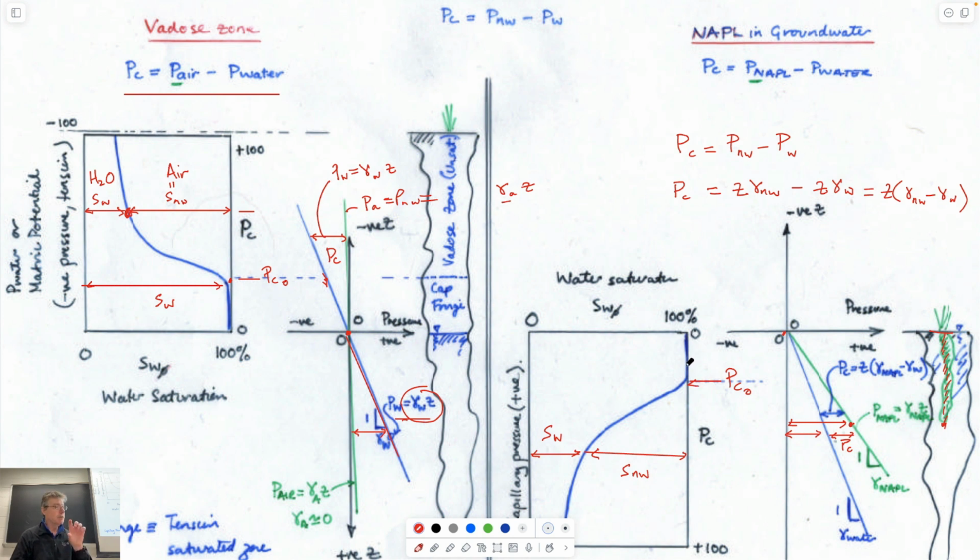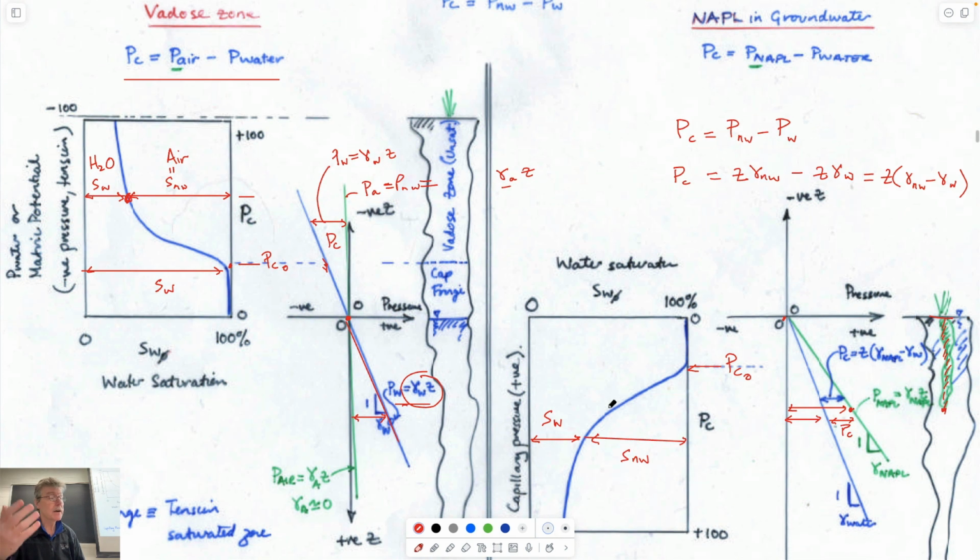It's a physical property of the medium and the fluids that are invading it, and we'll get that from an experiment. But this is what it would look like in that particular arrangement. So that was what we did talk about last time. It's a useful curve to talk about because it's pretty fundamental to what we're doing.